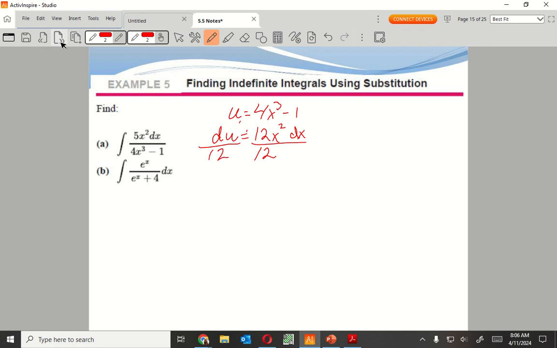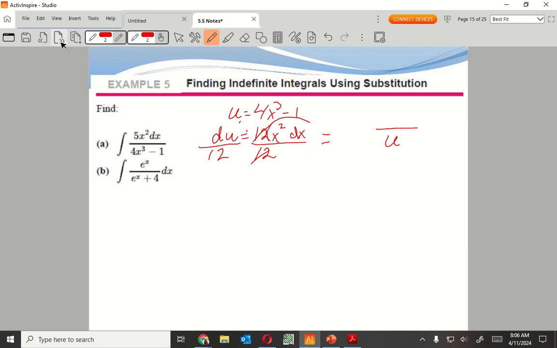So on the bottom of my integral I get just u, and on the top I'm going to replace x squared dx with just du over 12, isn't it?